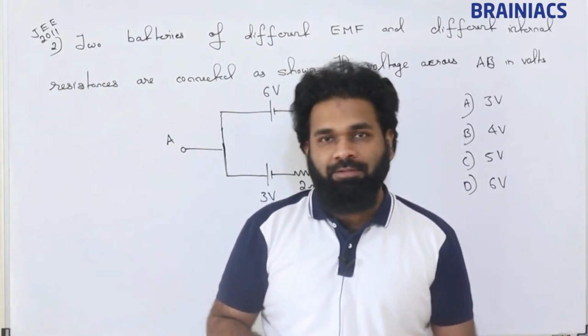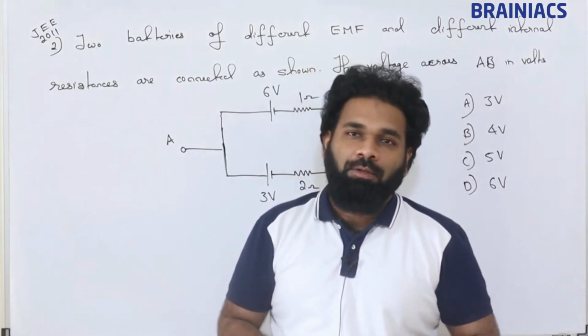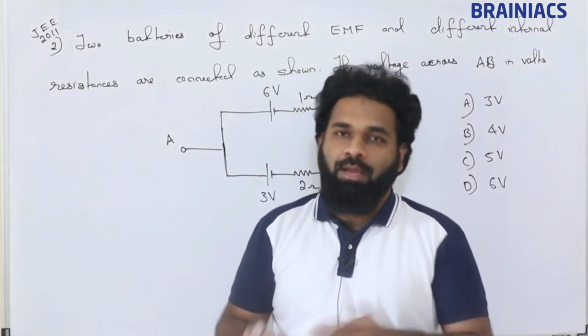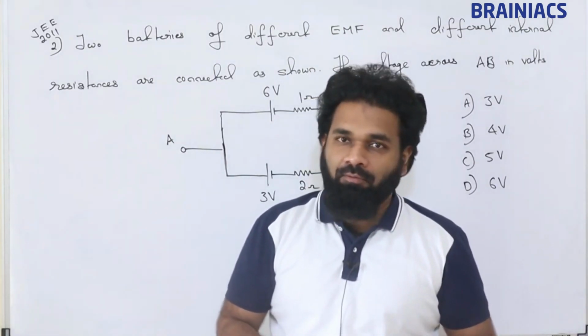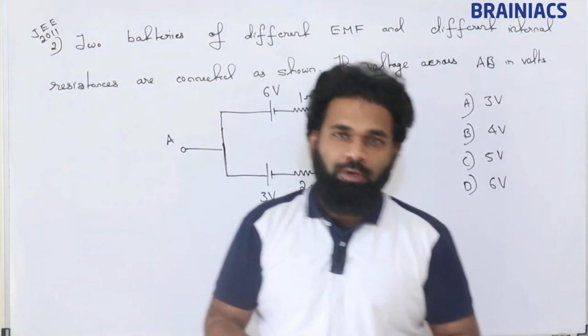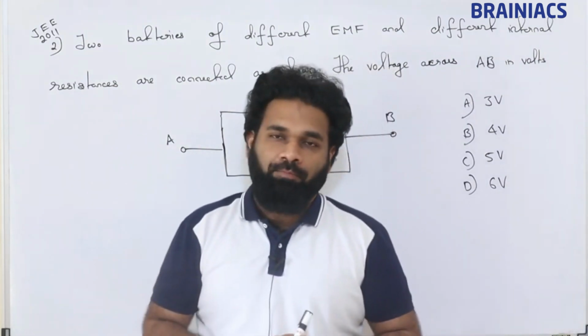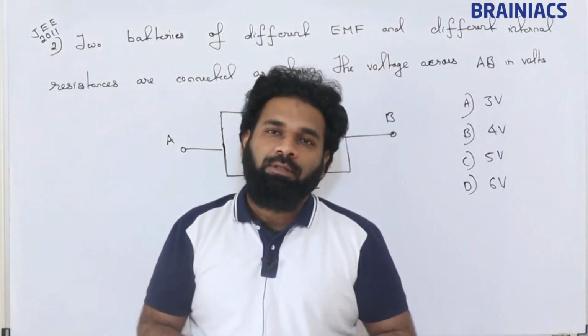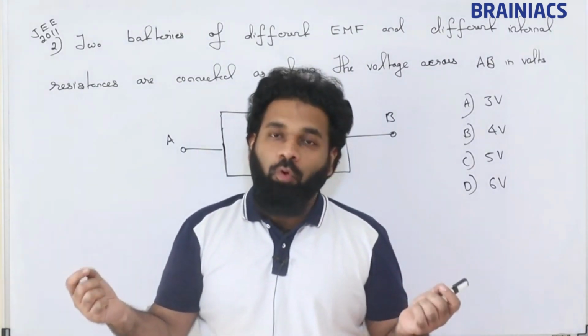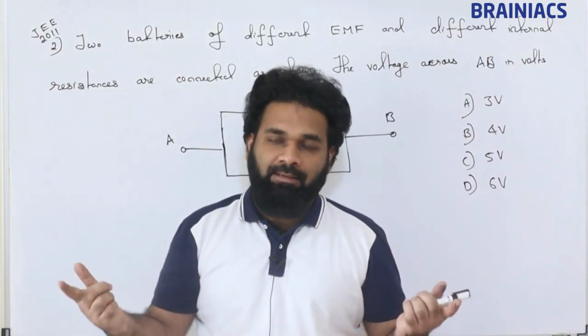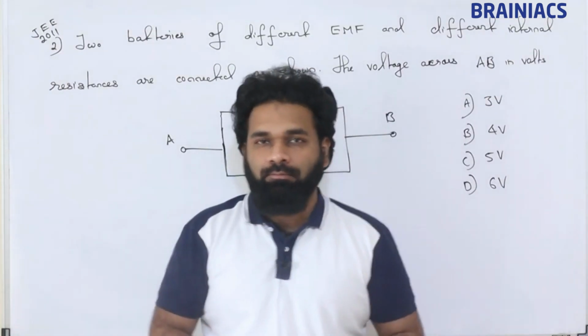EMF is equal to terminal voltage when no current is flowing, and terminal voltage is nothing but the voltage across the cell, or across the external resistance if external resistance is there.